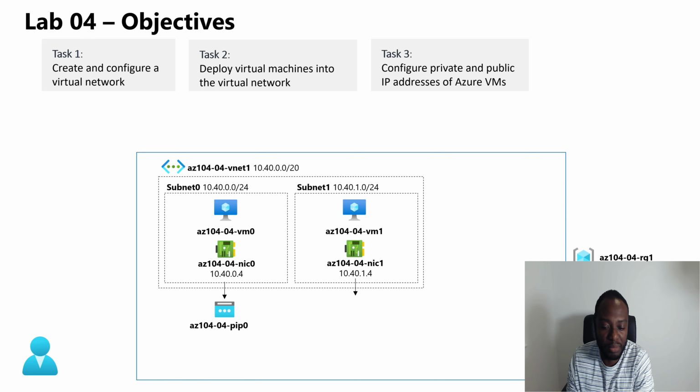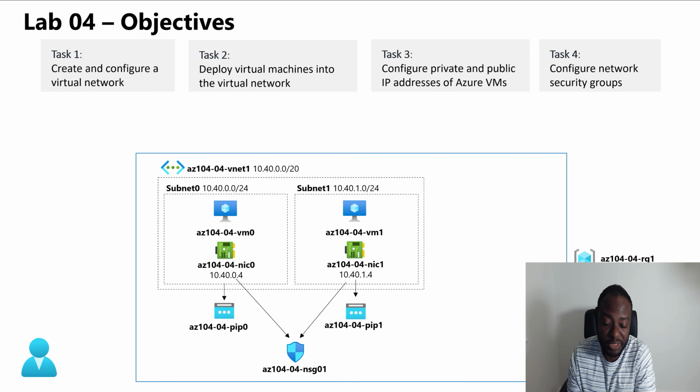We will configure a public IP address for the VM that we have in subnet 0 and then subnet 1. We will demo how without a network security group, you will not be able to access any resources in these subnets.